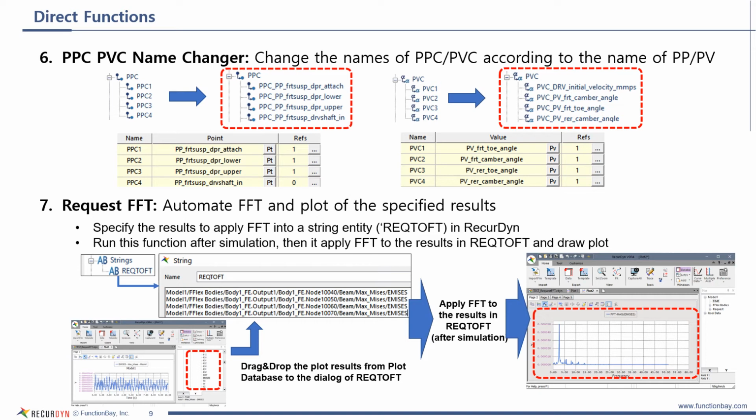Then drag and drop the analysis result from the plot database into the string window of the corresponding string entity to register it. After performing the simulation and executing Request FFT, the FFT results are automatically displayed in the plot window.